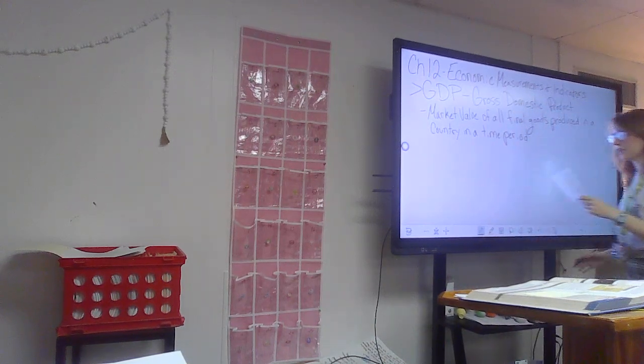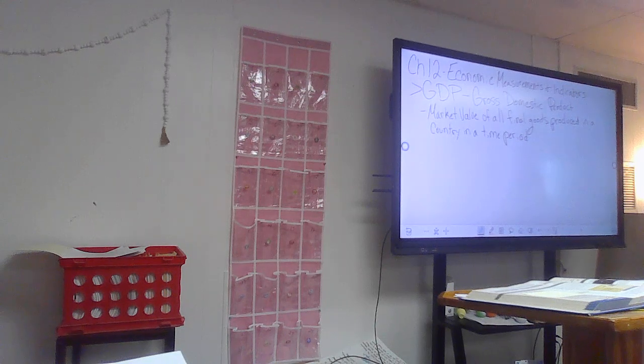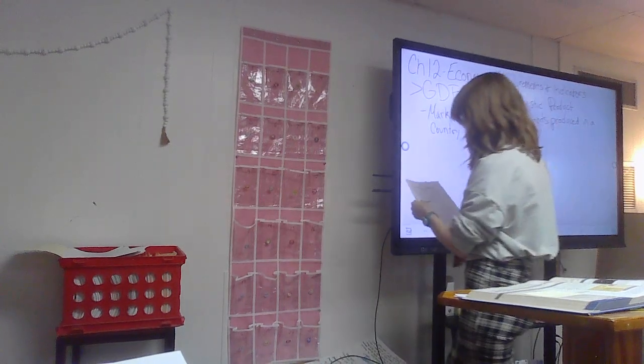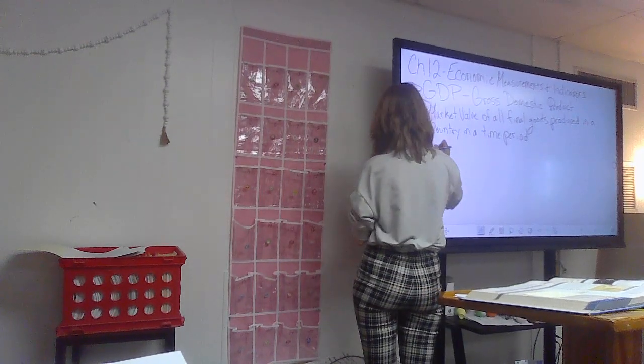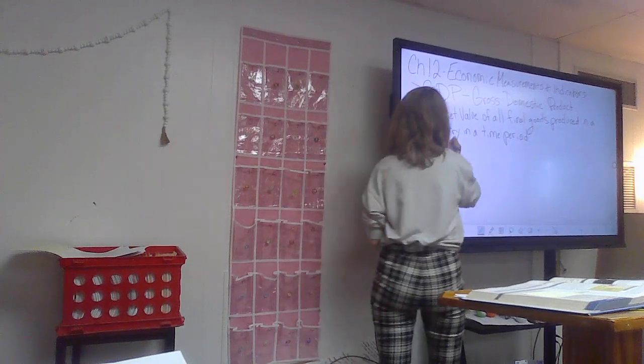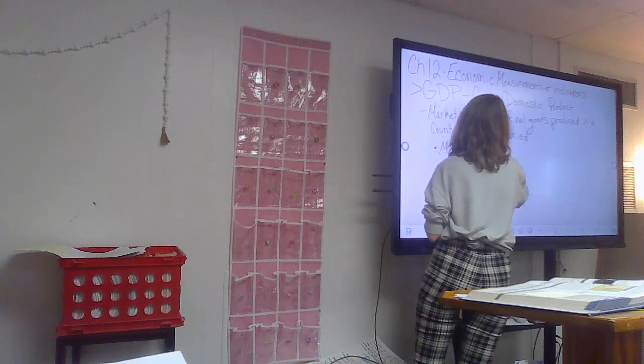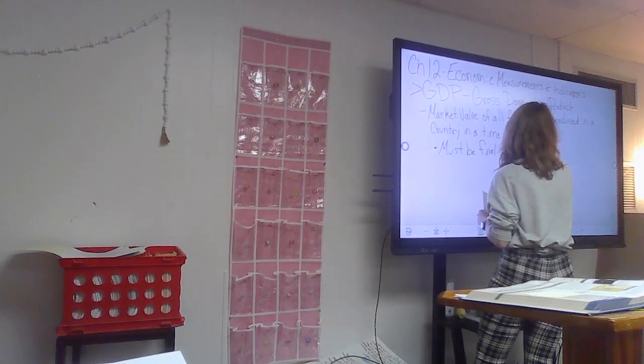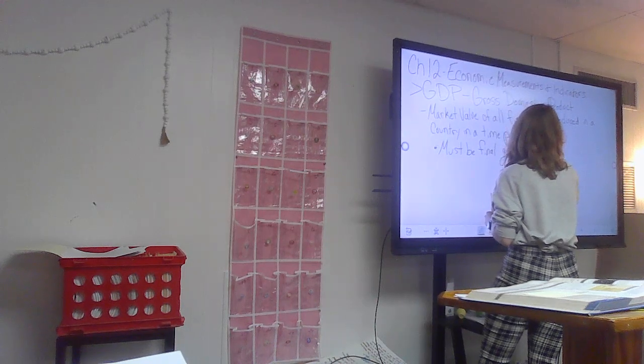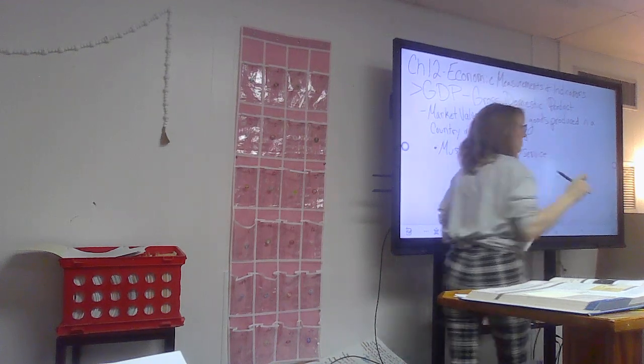That definition starts setting up the rules for how we know if something is part of GDP. If we break it down, number one, it must be a final good or service. It cannot just be part.